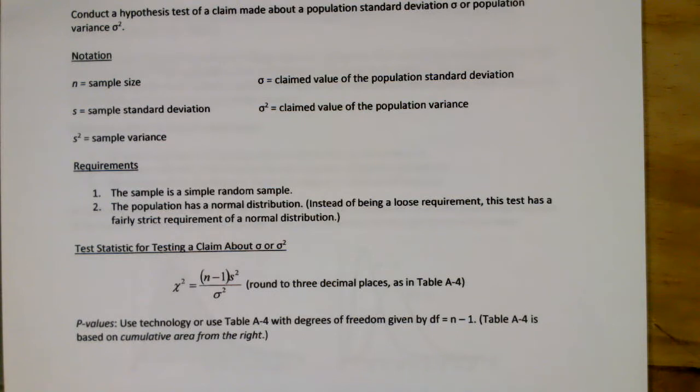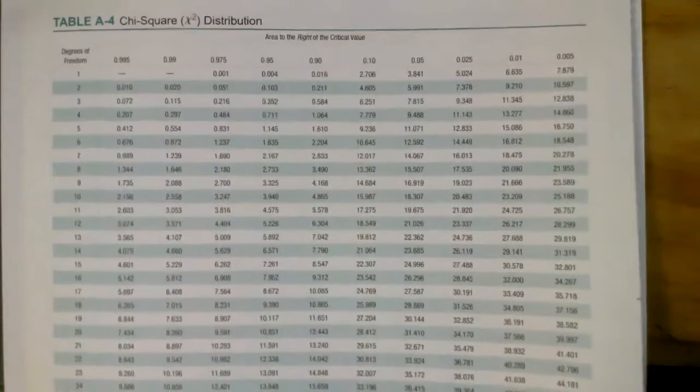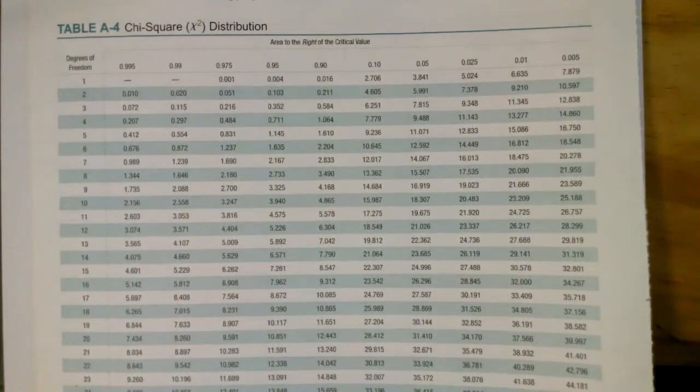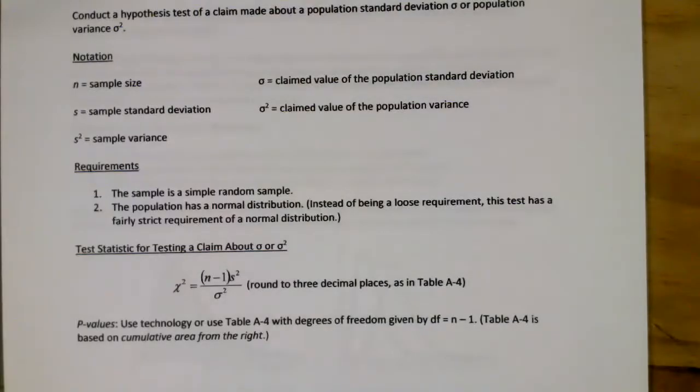Now we should already be familiar with table A-4 from section 7.3, I believe. So here, this is table A-4, the chi-square distribution. Those values are to 3 decimal places. So when we find our chi-square test statistic, we're going to round to 3 decimal places. Now the p-values, we're going to use technology.